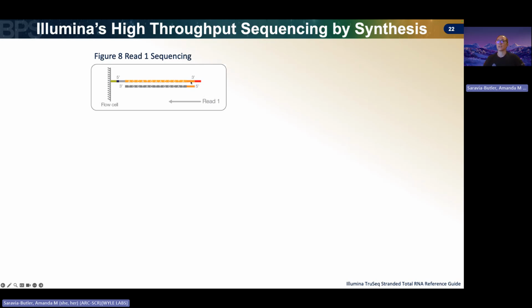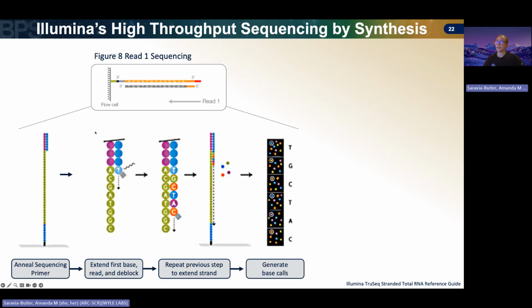The reagents that are added to the flow cell include, of course, just like we saw in the pyrosequencing at the beginning of this lecture, the primer that's complementary to this priming region of our adapter that we added, and then a polymerase, which is going to go ahead and sequence this strand. And we're going to see a picture of what that looks like right here.